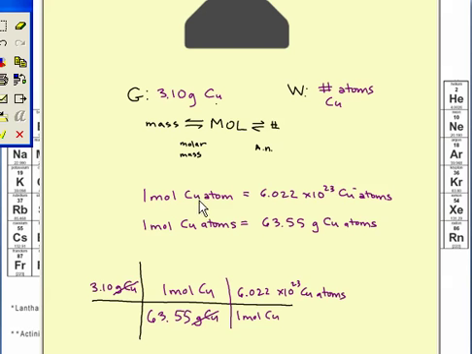And here's the other conversion factor that has moles in it, and 6.022 times 10 to the 23 is the other part. So my moles of copper cancel out, and then I'm going to let my calculator do the math.